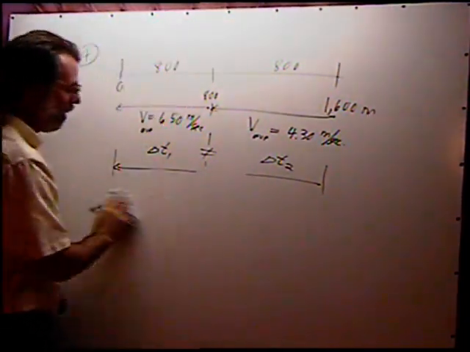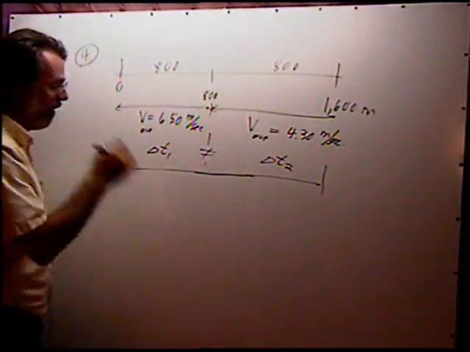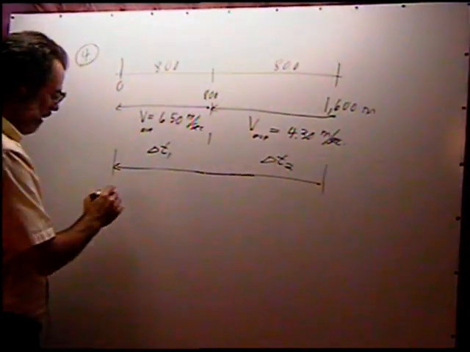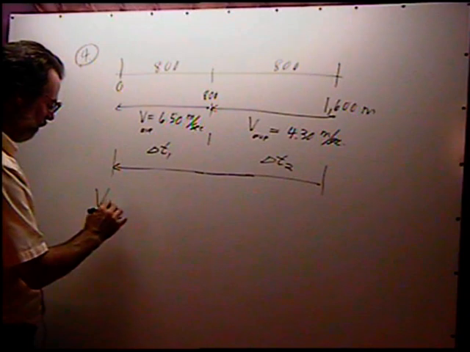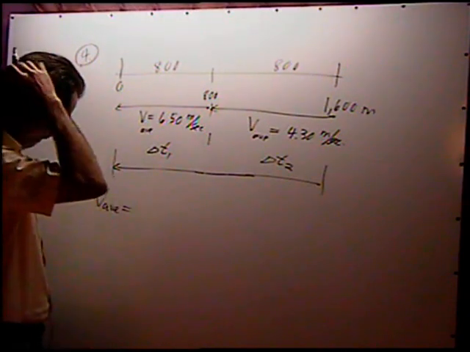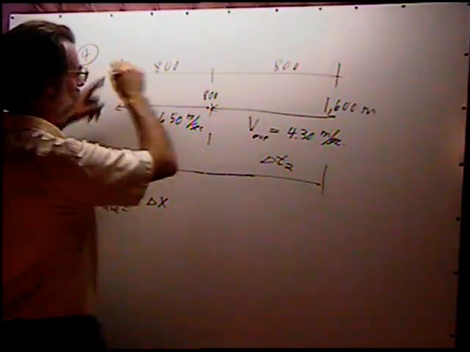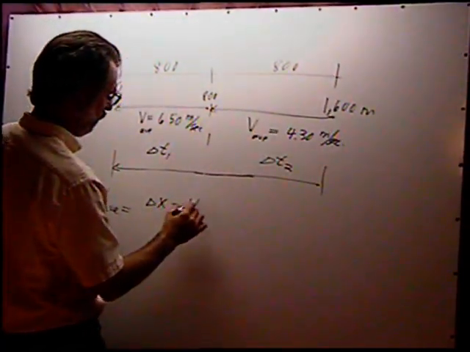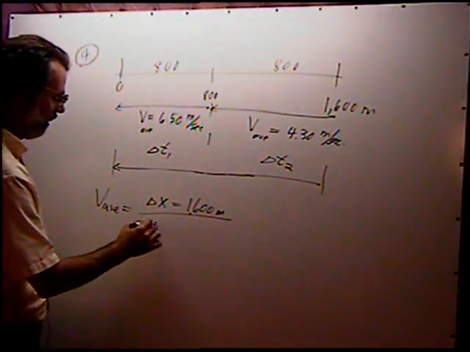In order to calculate this correctly, remember, the average velocity over the entire trip is the total displacement, which we know is 1,600 meters, divided by the total time.